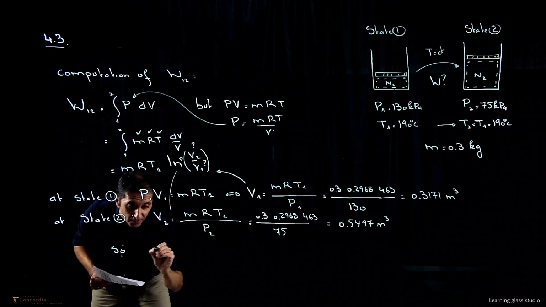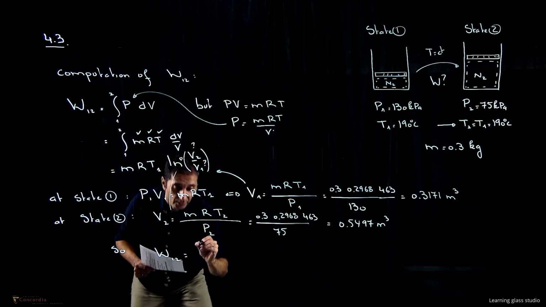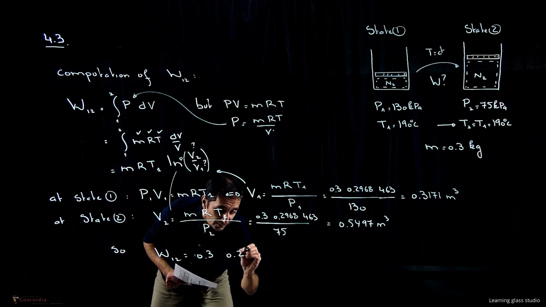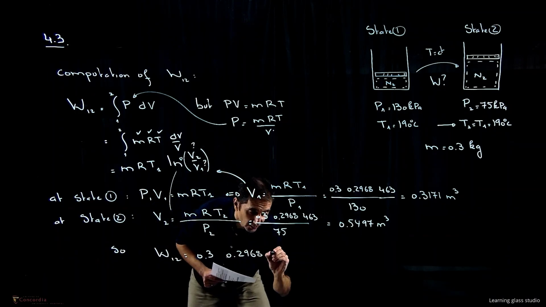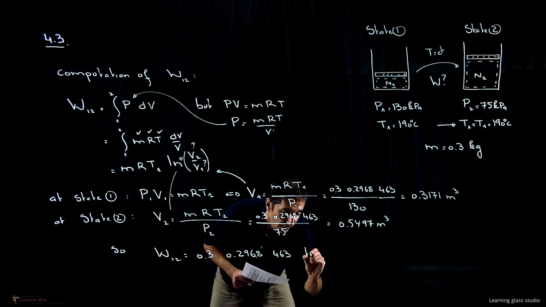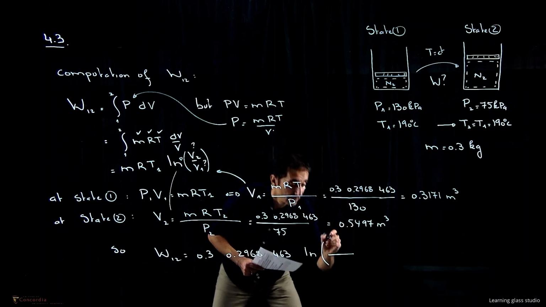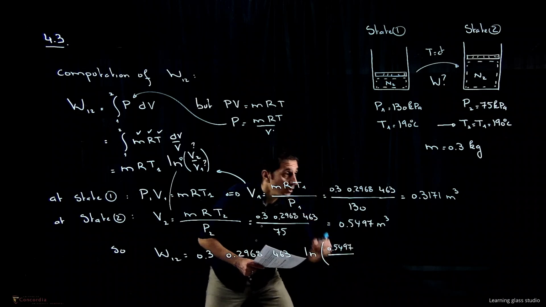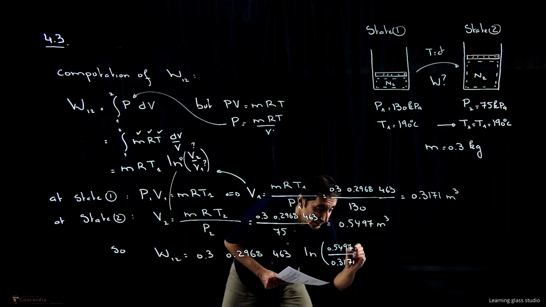So the work W1,2 is equal to the mass times the gas constant times the temperature, T1 or T2, doesn't matter, it's isothermal, times ln of V2, 0.5497, over V1, which is 0.3171.